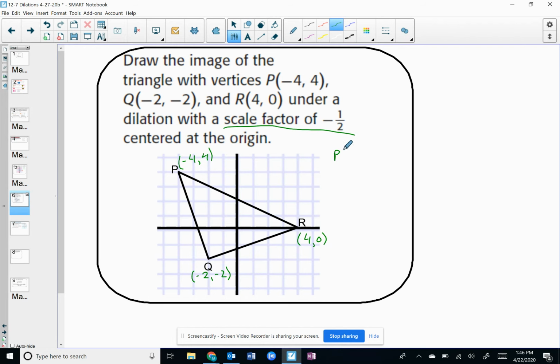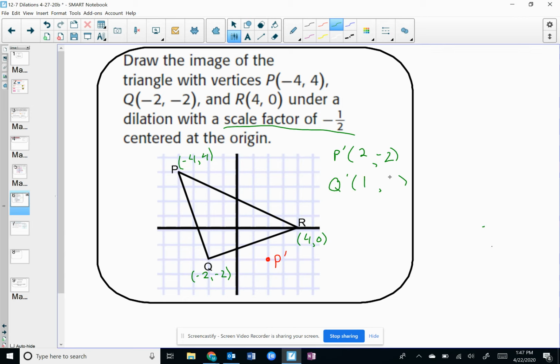So P prime, we're going to take -4 and +4 and multiply it by our scale factor. So -4 times -1/2 is going to be a +2. +4 times -1/2 is -2. So 2, -2 is where P prime is going to go. And then next, for Q prime, when you take -2 times -1/2, you get +1.